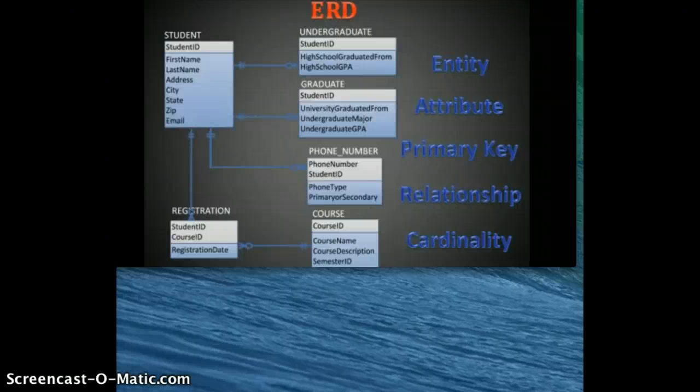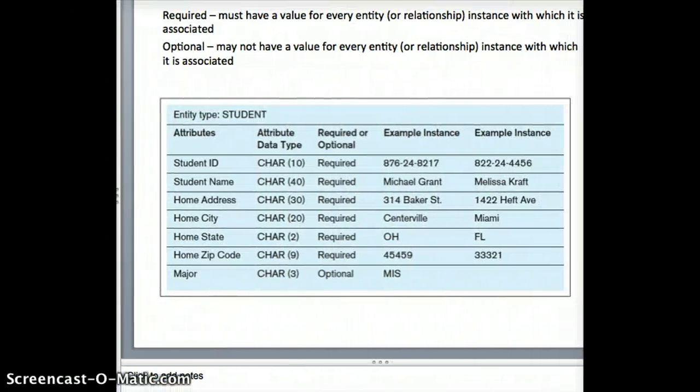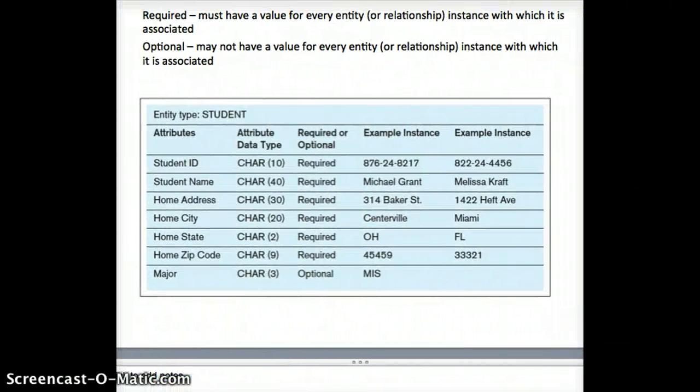Required versus optional attributes. Required must have a value for every entity or relationship instance with which it is associated. Optional may not have a value for every entity or relationship instance with which it is associated. And so here you can see if it's optional or required.